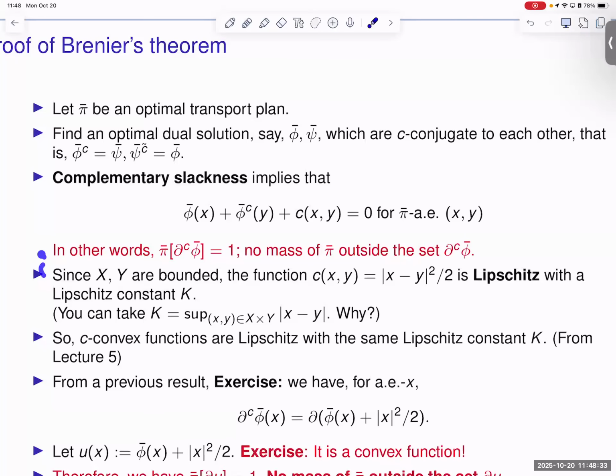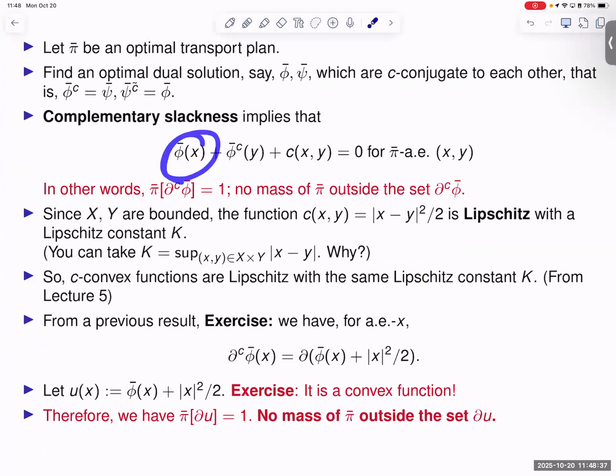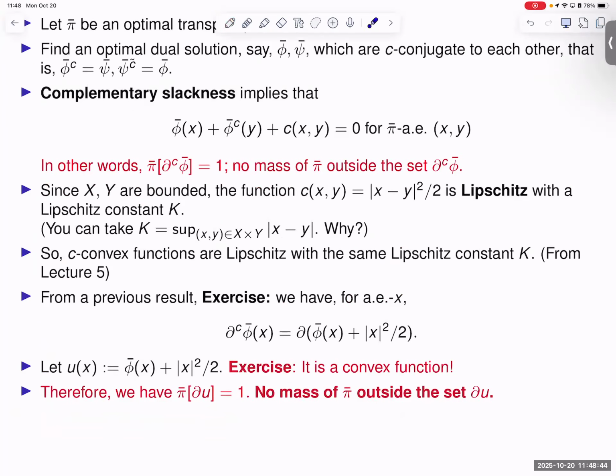Maybe before that, let's just remember. For the C-convex function phi bar, you can define a new function u by adding x squared over 2. So phi bar was C-convex, with c being |x minus y| squared over 2.